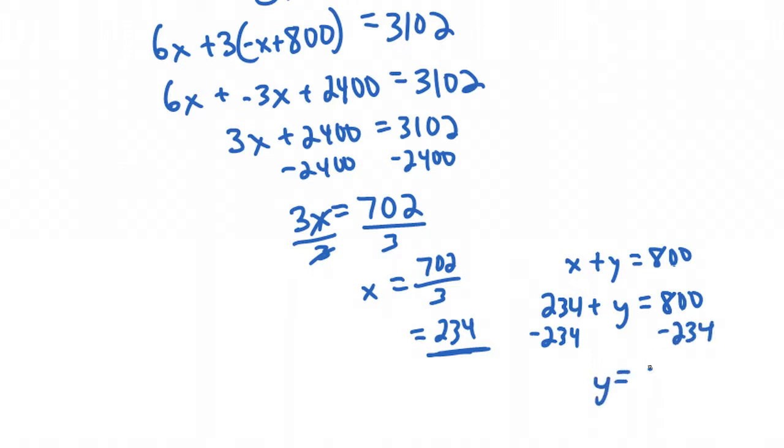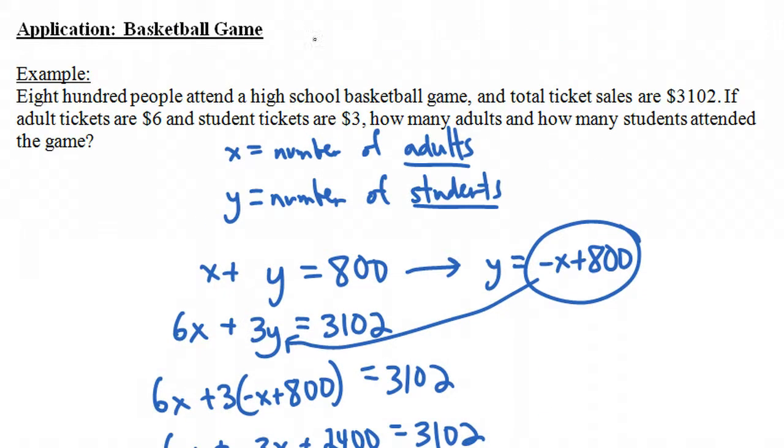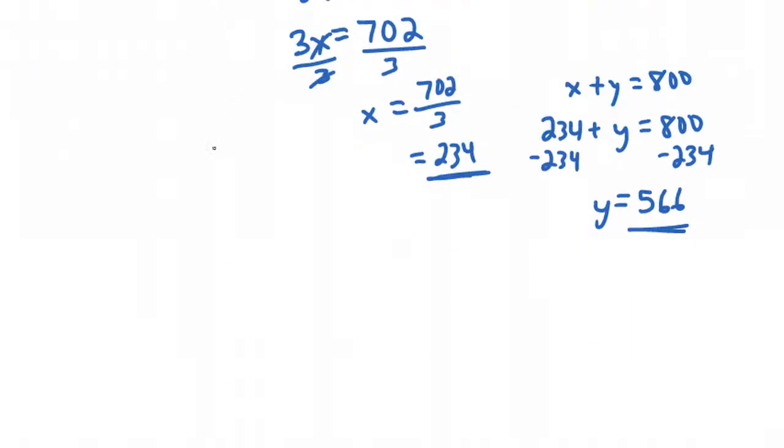We get y equals 566. So 566, that is what y is. That's the number of students. Okay, so it's nice to say this in words: we have 234 adults and 566 students.